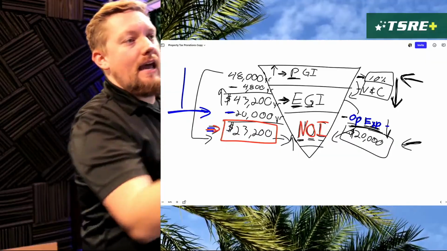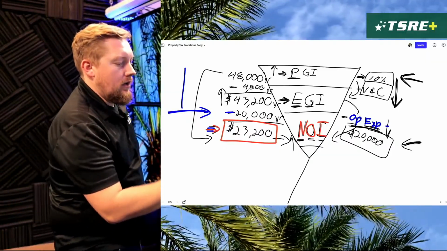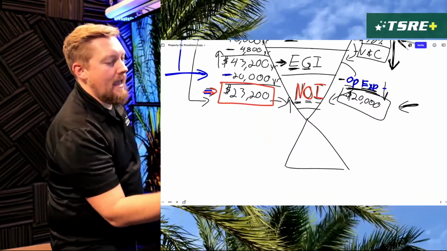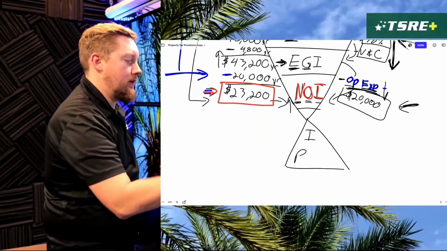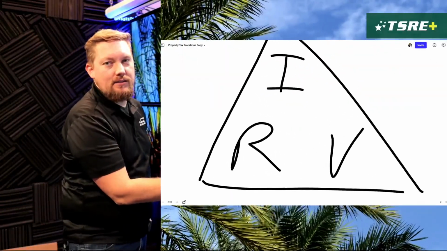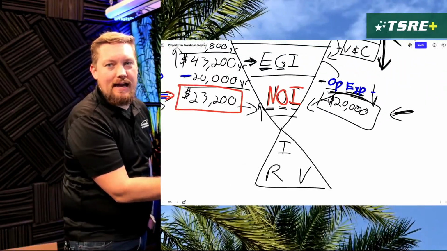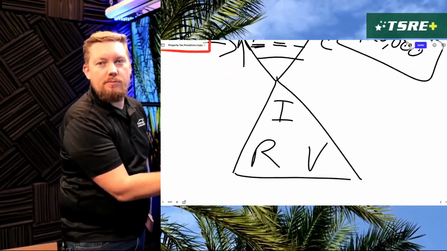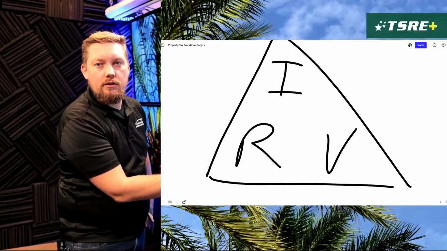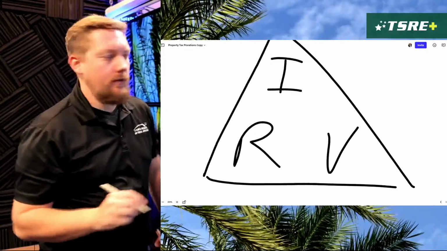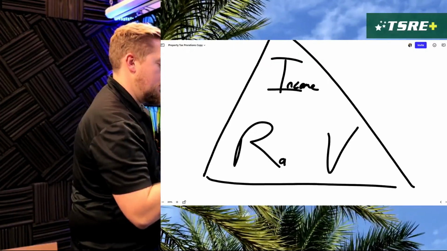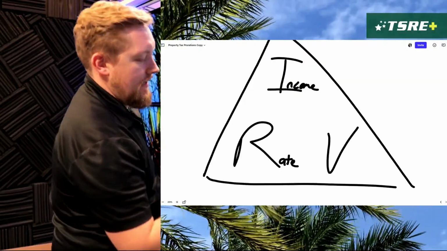And now the next steps are going to involve what's known as the IRV triangle. See that? IRV. We're going to come back to the rest of this hourglass type of design here in just a moment, but for now, let's just get a close-up on IRV. Because IRV is for income, rate, and value.